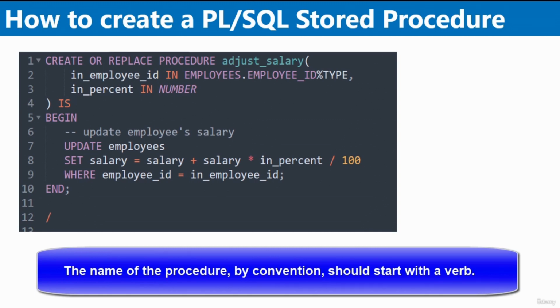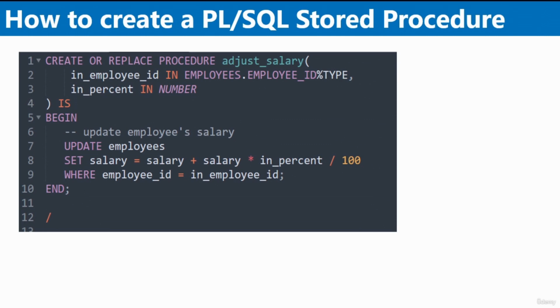And this procedure is going to be used in the sample HR database provided by Oracle. What this procedure is going to do is update the salary information of employees in the employees table using an SQL update statement.